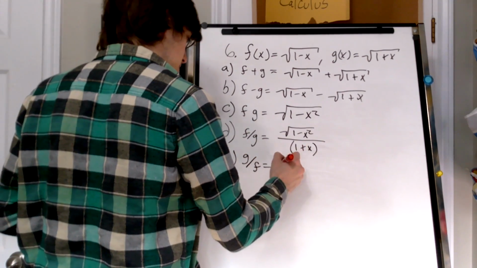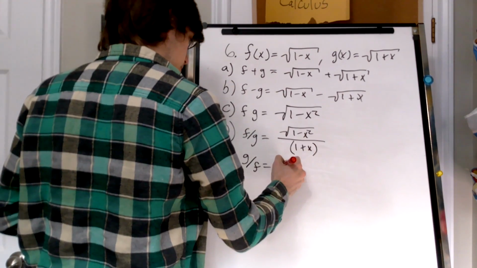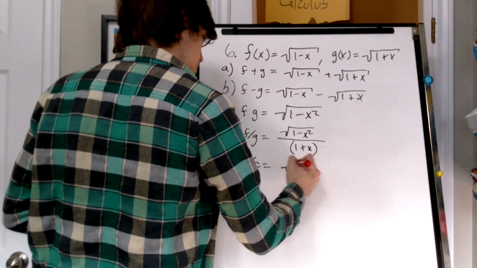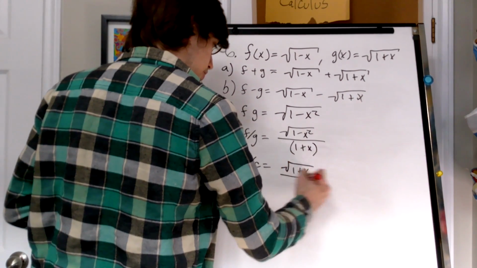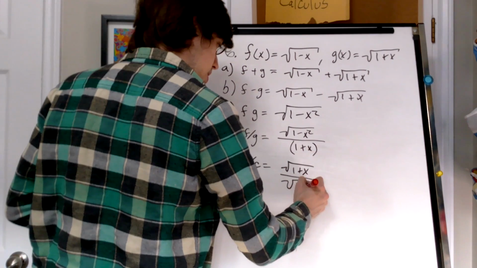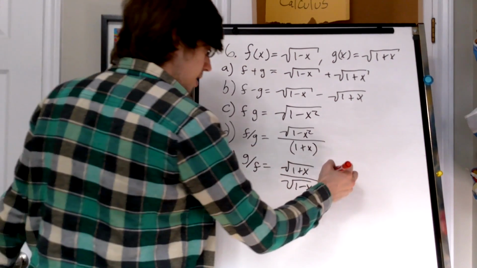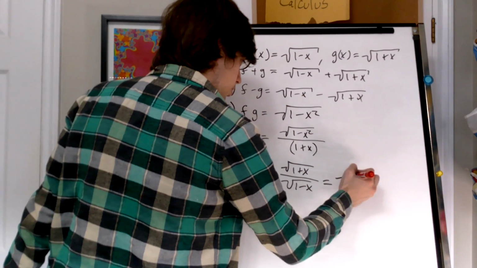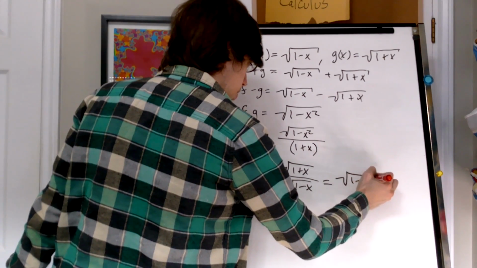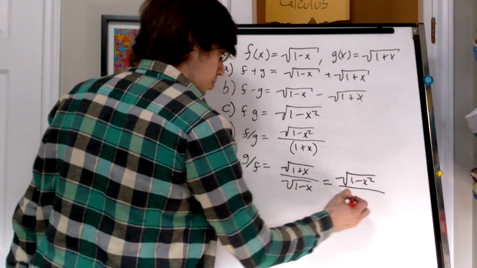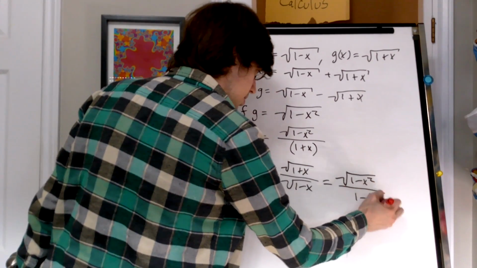It's the opposite. So that will be square root of 1 plus x over the square root of 1 minus x. Should get us basically the same thing here. The square root of 1 minus x squared on the top, but 1 minus x on the bottom.